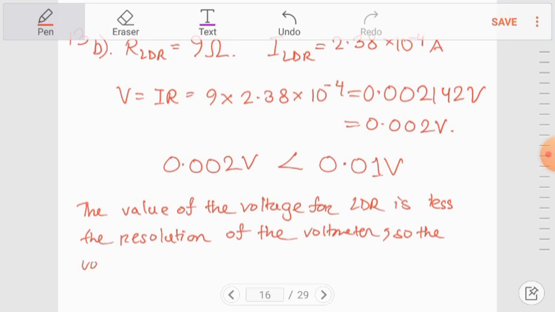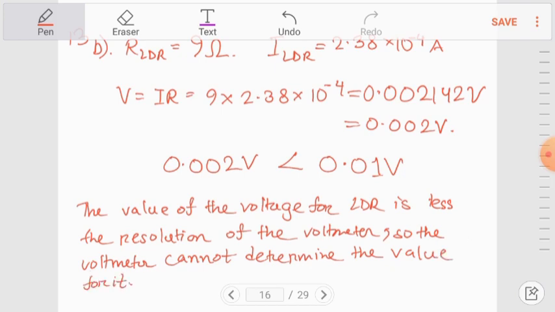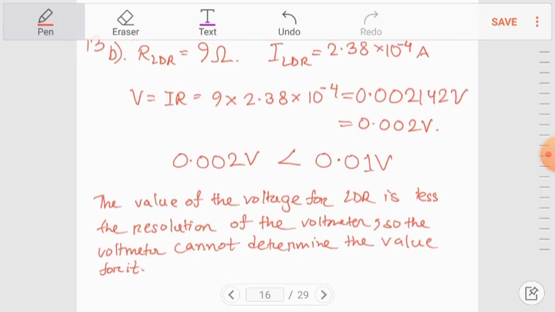So with this, our question number 13b ends.